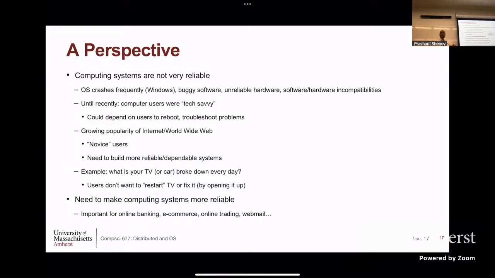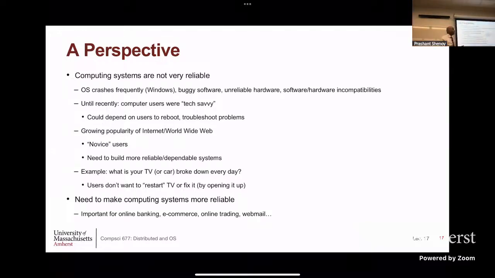And there's an assumption that we always make that every once in a while some bug might get triggered and the software might hang. If you are a tech savvy person, you say, okay, I'll just reboot this machine, and maybe things will come back to normal and you just move on. But that's not how people are used to dealing with any system they work with.